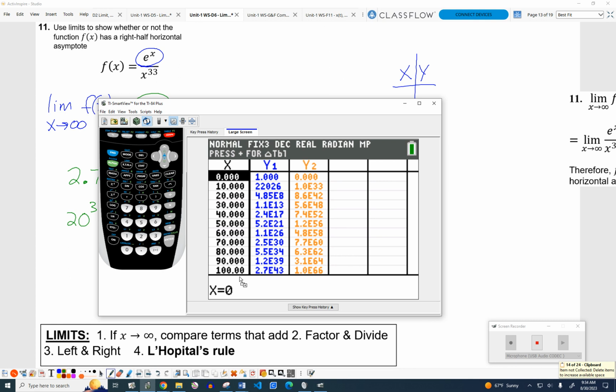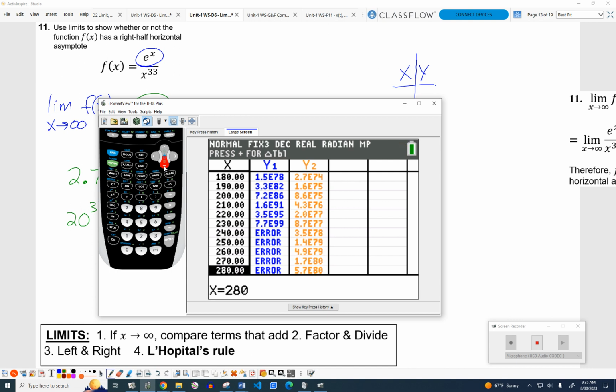Even right here, x to the 33rd is still bigger, but the e is going to overtake it at some point. It takes a while, but really not too long. That's only 130 so far. It's catching up. There it goes, it passed it. So when x is as small as 200, e to the x overwhelms it. Good question.